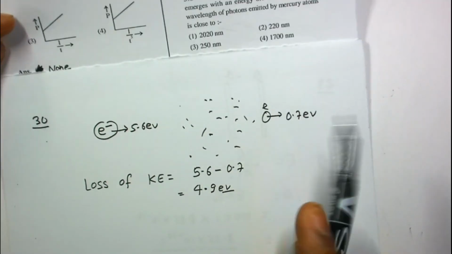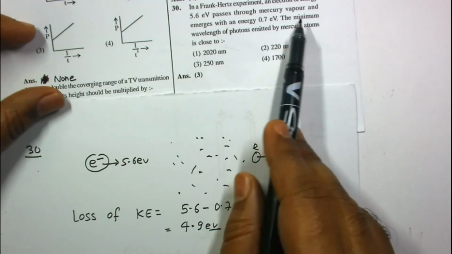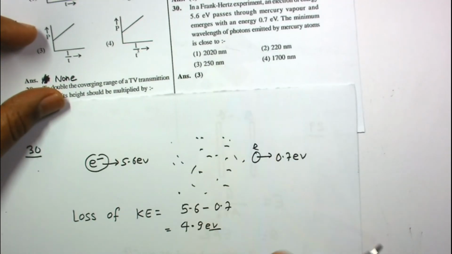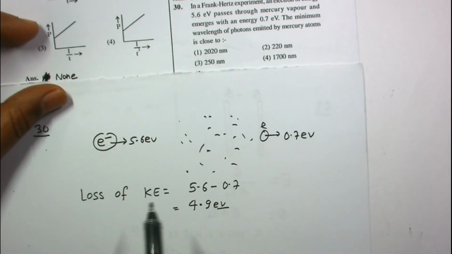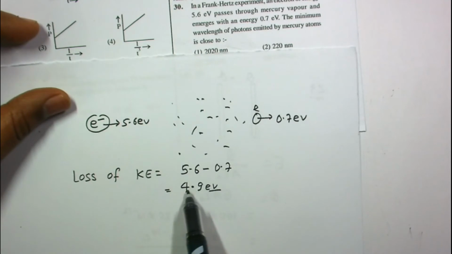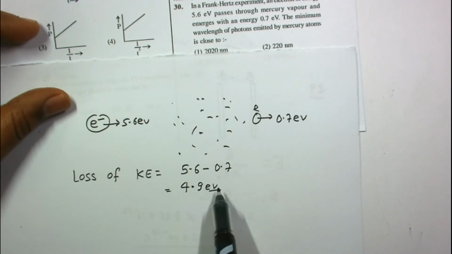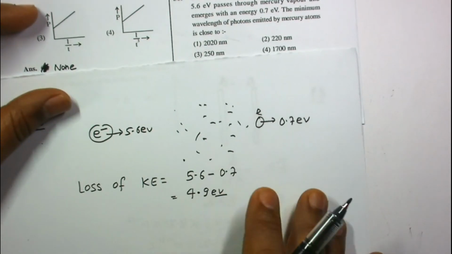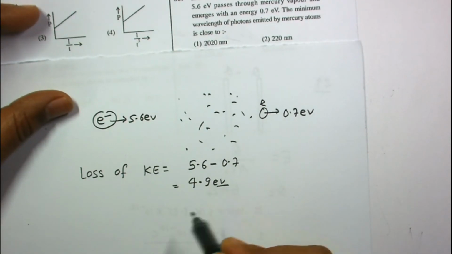The key point is that we have to calculate the minimum wavelength. Minimum wavelength corresponds to maximum energy photons. To calculate this, we will assume that the electron has lost 4.9 electron volt, and this loss is given to a single atom, and that atom is excited.